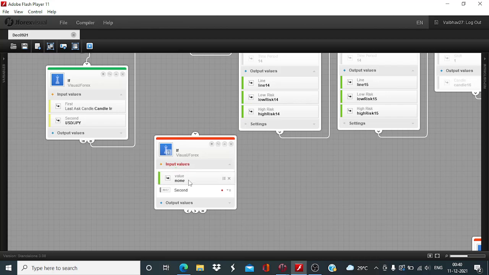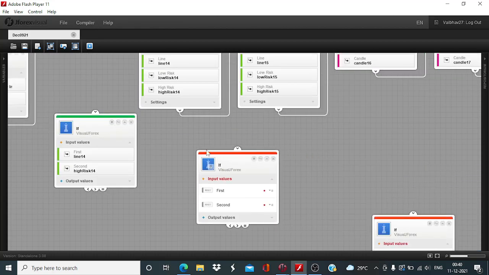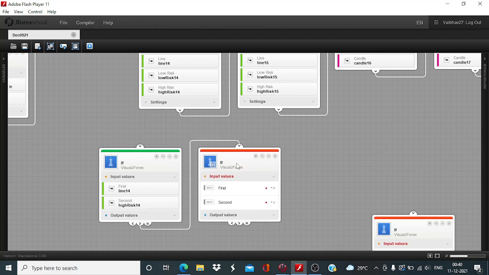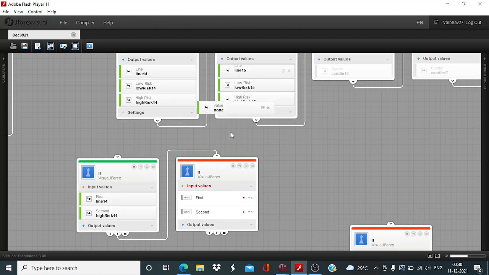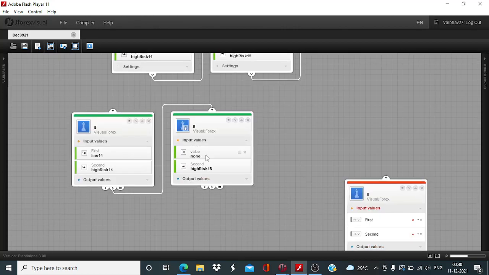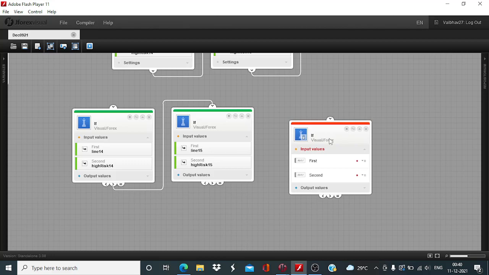So this will need to be compared. Line 14 should be higher compared to the high risk. First input greater than second input. Whereas line 15 should have been lower. This is the penultimate 15-minute candle.